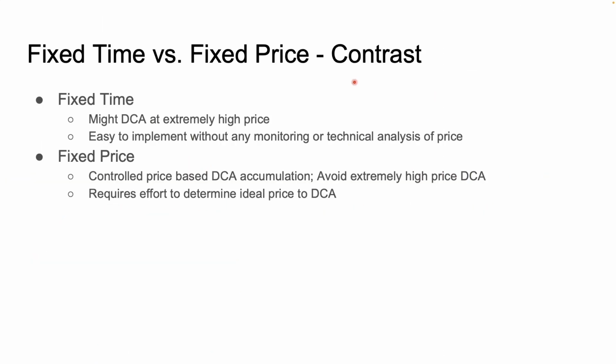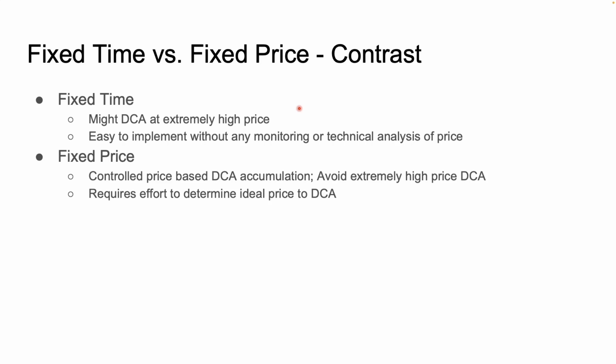So if we were to contrast between fixed time-based DCA and fixed price-based DCA, the main difference is that if you were to use a fixed time DCA, there's a chance that you might be accumulating your assets at an extremely high price over many months if price is to stay range bound at a high price level.